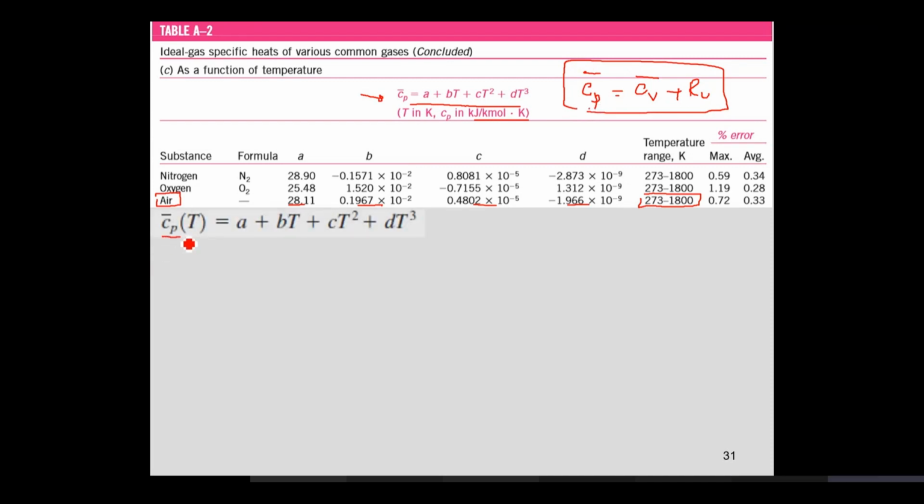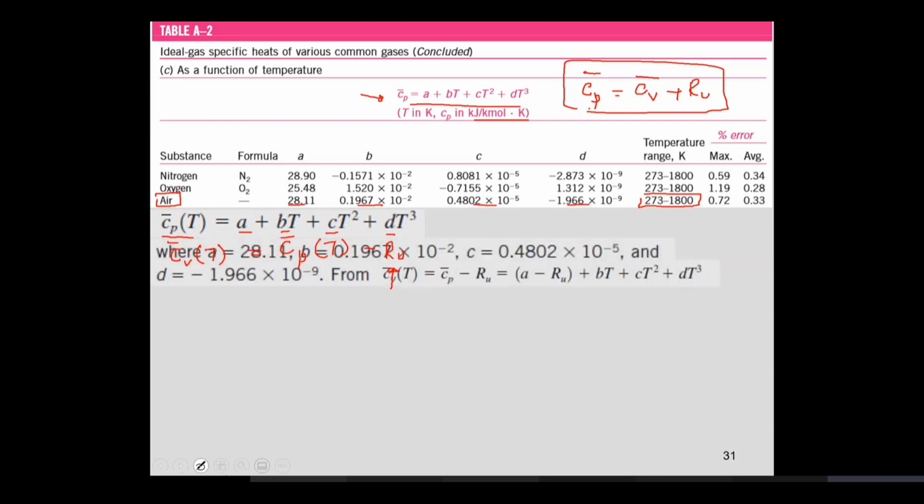This is the Cp relationship with regards to temperature: A plus BT plus CT squared plus DT cubed. These three constants are with regards to temperature having the power 1, 2, and 3. This is the constant A. And if I want to have the relationship for Cv with temperature, it would essentially be the Cp molar relationship for temperature minus the Ru value, which is again a constant.